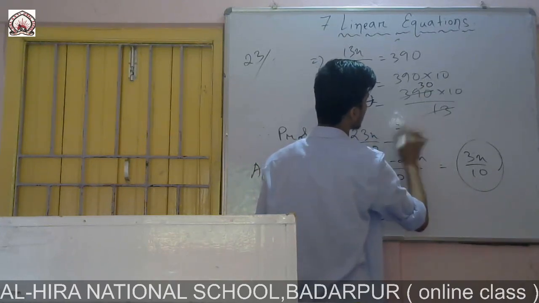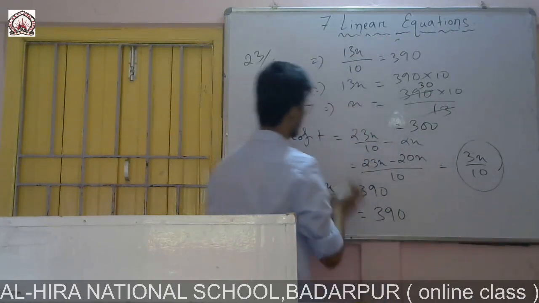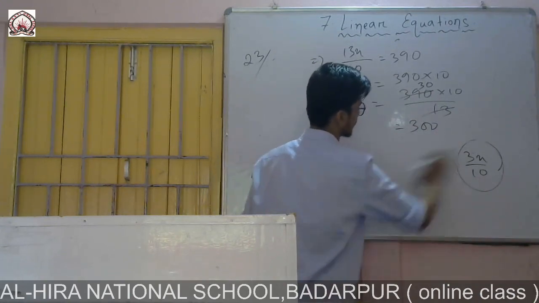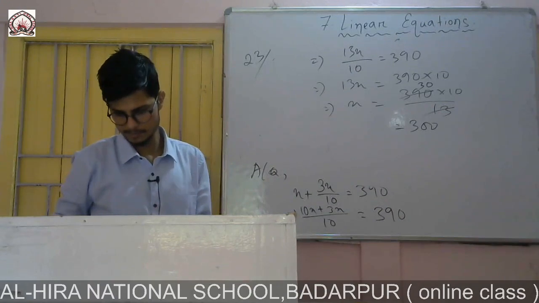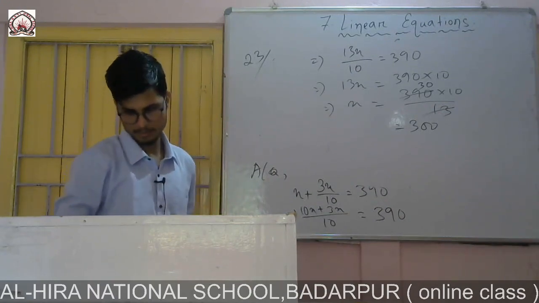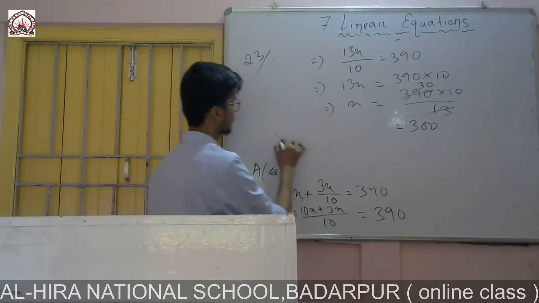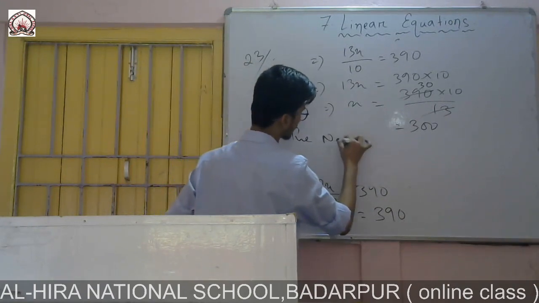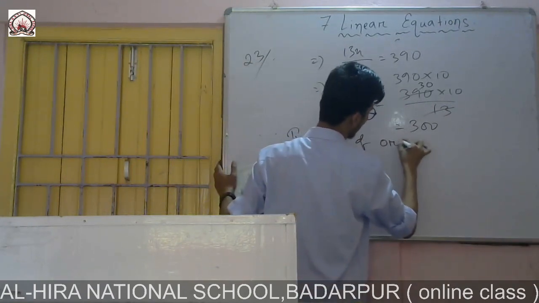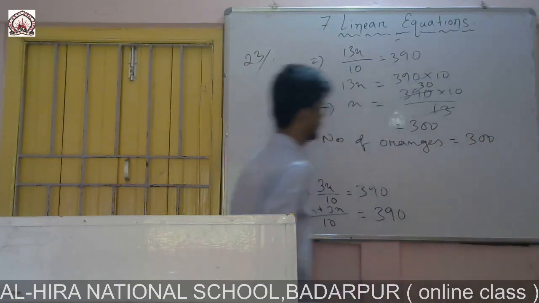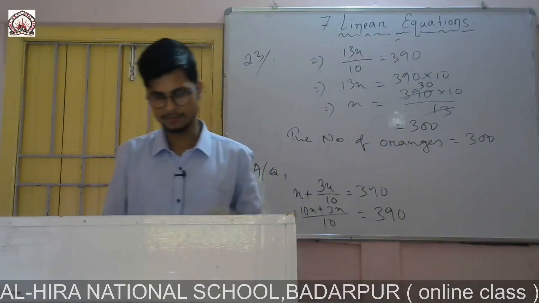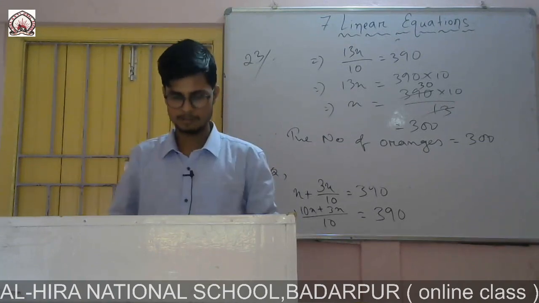That means 30 into 10 is 300. That means the number of oranges were 300. So you write, therefore the number of oranges equals 300.